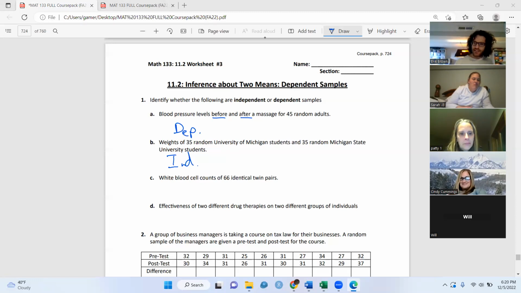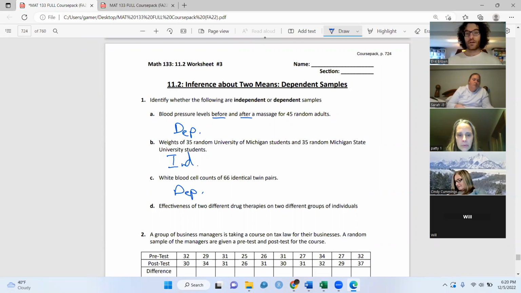Identical twin pairs, 66 of them. Dependent. This one is a classic, like the first person you pick determines who the second person you pick. So twins, we talked this morning that it doesn't have to be identical. It could be fraternal. It could be like dating pairs or romantic pairs, and you pick the first person and that determines the second.